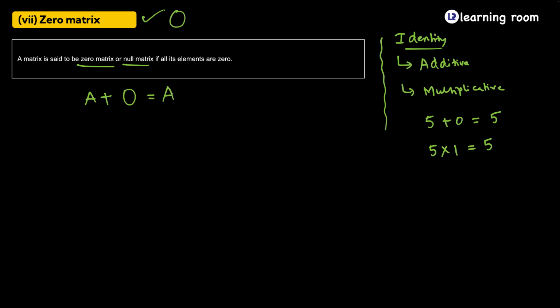Here it is a real number, here it is a matrix. Similarly, if I take a matrix and multiply it with the identity matrix, I'll get back the original matrix itself. This is an important concept that we'll be using in the future to calculate the inverse of a matrix.